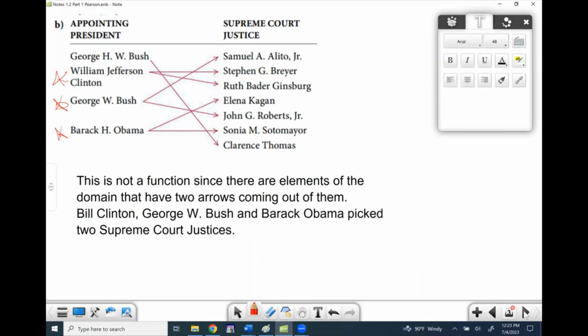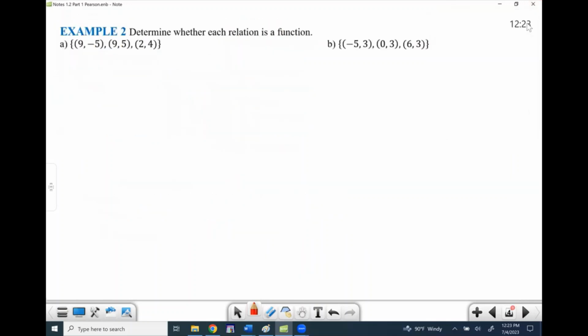Now we're looking at it through ordered pairs instead of through a mapping diagram. So I can see right here that 9 is going with -5. It's corresponding with -5. And 9 is also corresponding with +5.